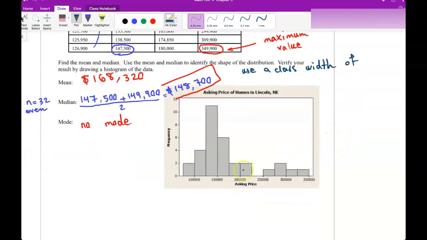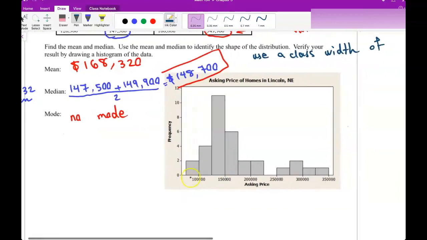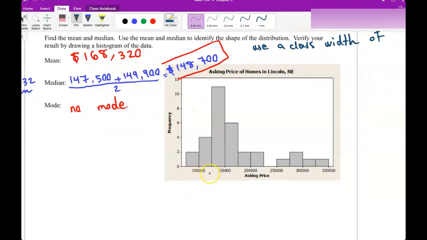Let's see what we have here: 100,000. In between, this is 125,000. That is 150,000. So this is 175,000. Then 200,000.